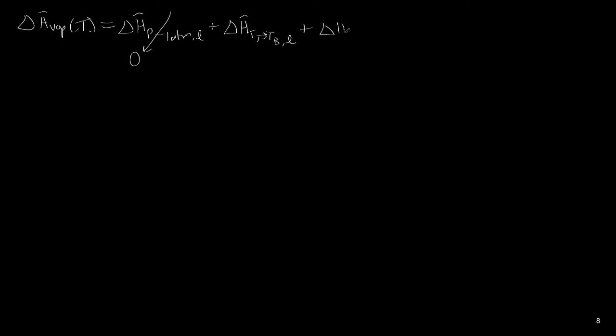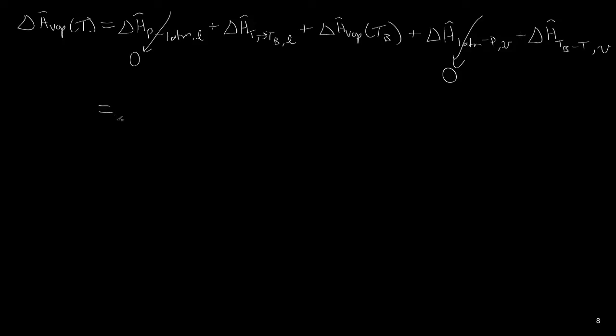Then we're going to add in the heat of vaporization at the normal boiling point, TB, plus the change in pressure from 1 atmosphere to P, but this is for the vapor because we have since vaporized it. Again, for an ideal system, we're going to say that delta H is not a function of pressure. And then finally, we have the last delta H going from the normal boiling point at 1 atmosphere to the actual system temperature. Again, this is for the vapor.